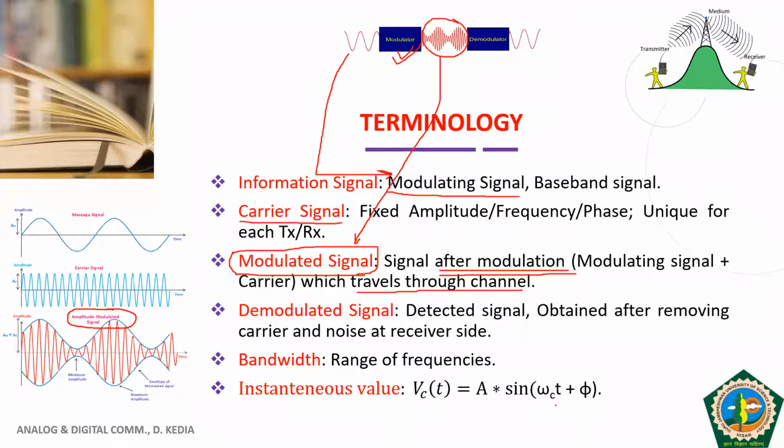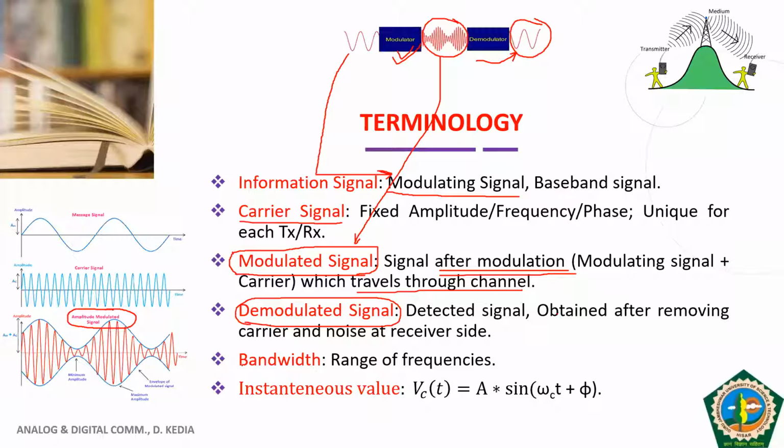So we have modulating signal, carrier signal, modulated signal. Then we have demodulated signal, which means the signal after demodulation. This was your modulated signal, and this is your demodulated signal. Once you have demodulated, you get the demodulated signal.